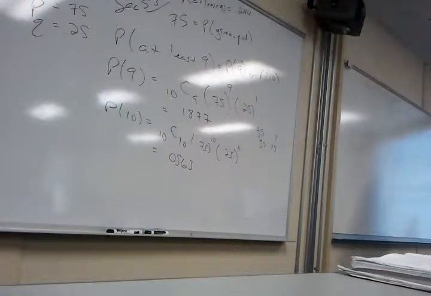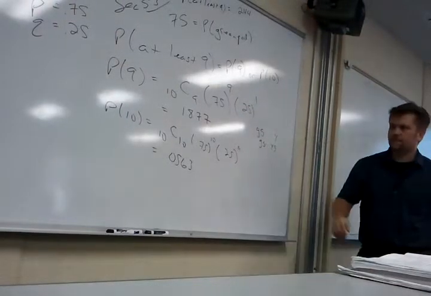Cool. How are we doing there? It's a lot like the at least 1. At least 1 is 1 minus the probability of none. Well, more than 1 is going to be 1 minus what leaves off. What leaves off is none or 1. So I got to subtract both of those. So let me try this again. That was really fast.